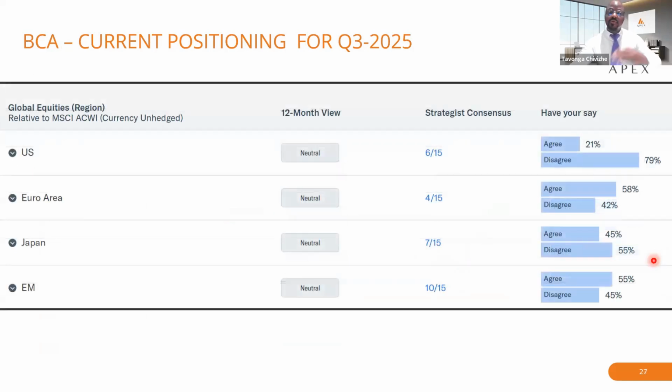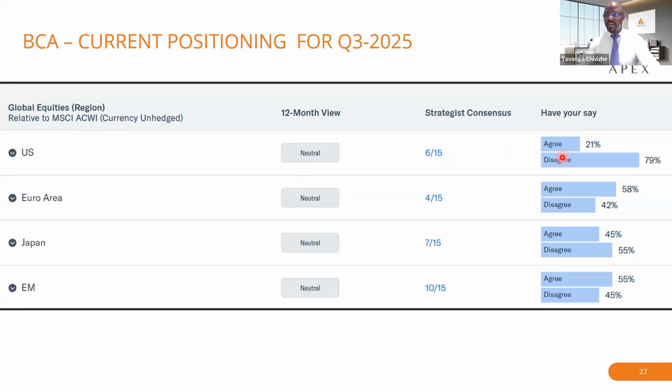If we move on to the regional allocation, you can see that the consensus view in the BCA is neutral, but the consensus is quite weak. It's 6/15, meaning that there are a lot of people that would rather be underweight the USA, and there's also a lot of those strategies, 15 of them, who would rather be overweight.